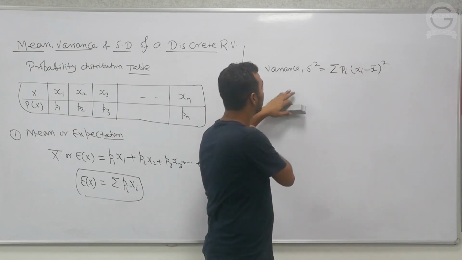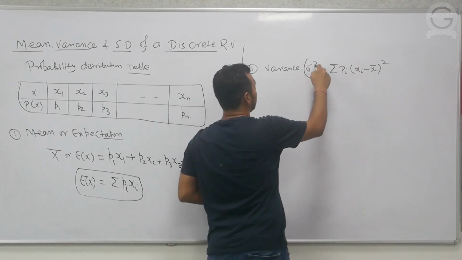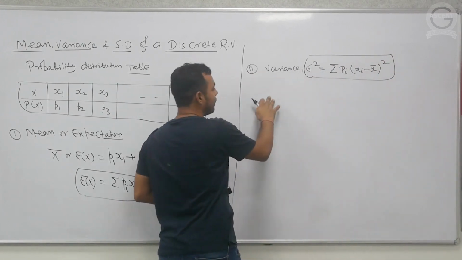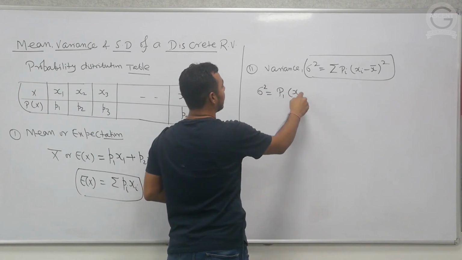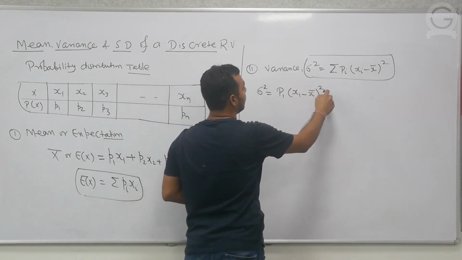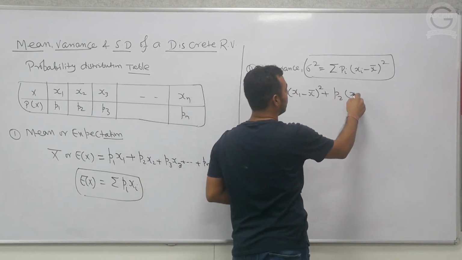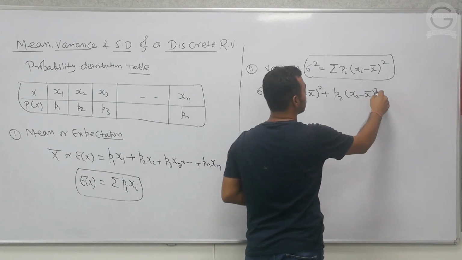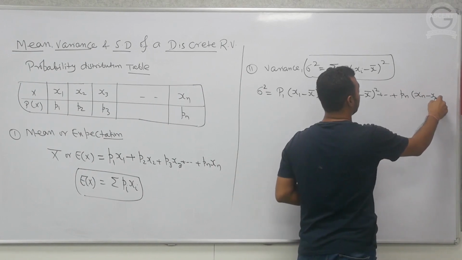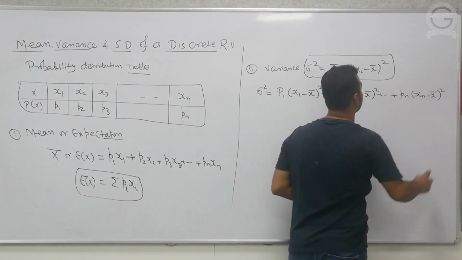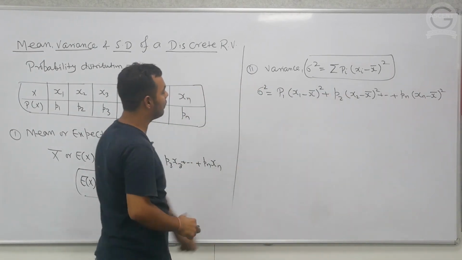This will give you the variance of the random variable x. In expanded form, this will be p1 (x1 minus x bar) square plus p2 (x2 minus x bar) square, and so on up to pn (xn minus x bar) square. So this is the formula to calculate variance.